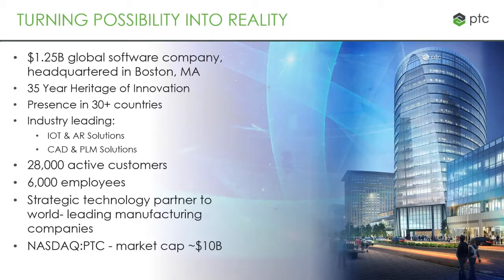We have a presence in 30 plus countries, and we acquired multiple companies and transformed the product line. Now we are the leading company in IoT and AR solutions and CAD and PLM solutions. PTC has 28,000 plus customers who are using different PTC product lines and 6,000 plus employees worldwide.